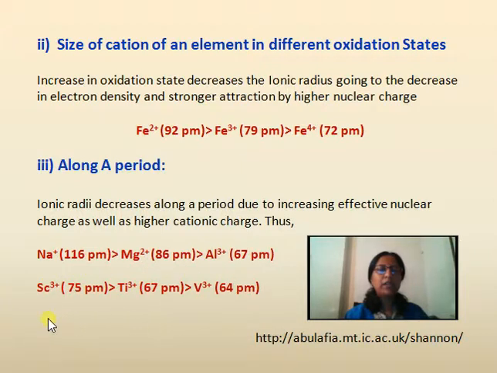And if we take the case where the oxidation state is fixed, scandium 3+, then titanium 3+, then vanadium 3+, here also the value of ionic radii is decreasing due to the increase in the effective nuclear charge.